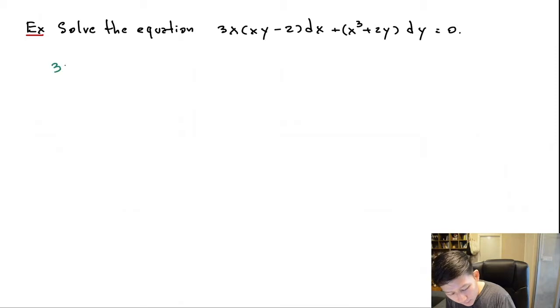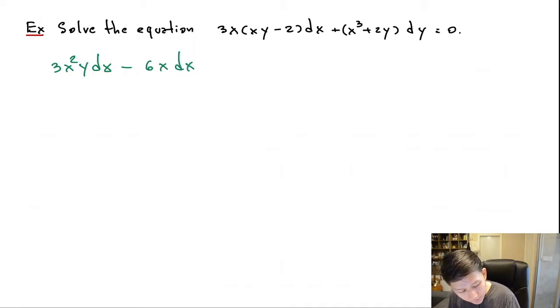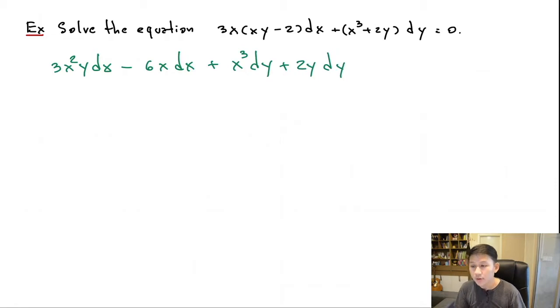3x squared y dx minus 6x dx plus x cubed dy plus 2y dy equals 0. Okay.